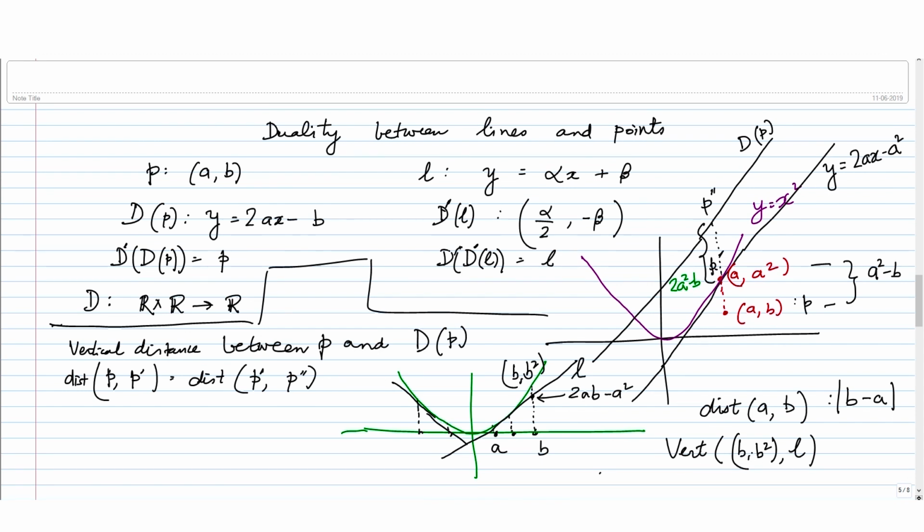So it is b square minus 2ab minus a square, that is equal to a minus b whole square, right. And this is the key to the lifting transform, that this distance and this distance are related by a square.